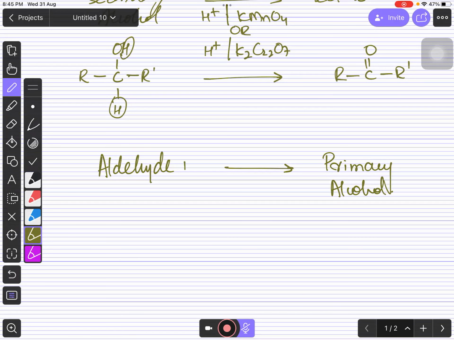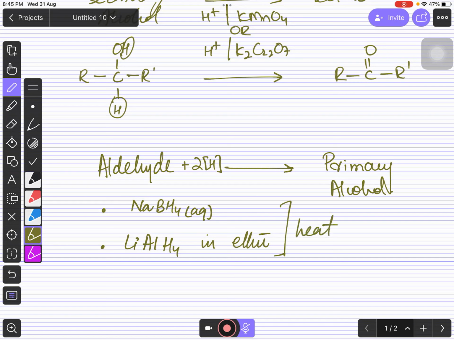This is actually the addition of hydrogen. For this, you can use reagents like, number one, sodium borohydride. It is NaBH4, but it should be aqueous, right? Or if you want to use lithium aluminum hydride, you can use this, but it should be in ether, right? And the condition for this is heat under reflux.